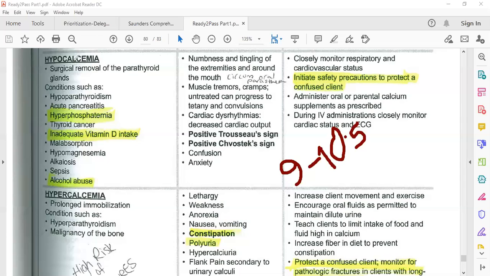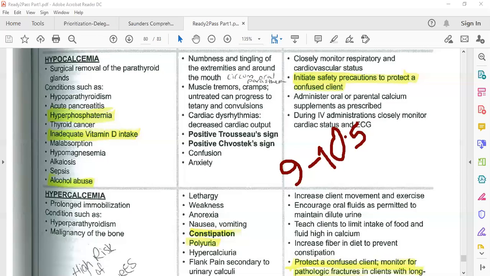The hypocalcemia patient develops a positive Chvostek sign, or Trousseau sign. In the picture you can see the Trousseau sign, and in the other picture you can see the positive Chvostek sign.